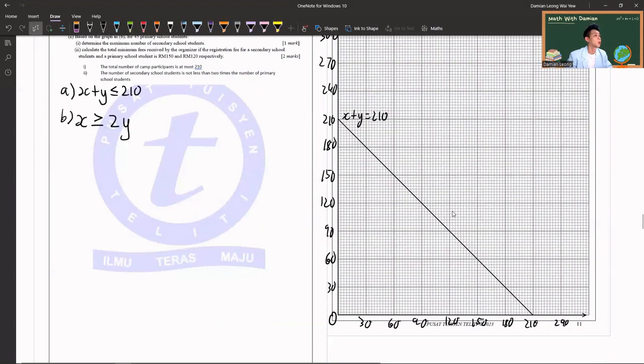The other one, x more or equals to 2y. When x is 0, y is 0. So I need another value. It's better to put a value for y since there's an unknown there. So I can put y equals, say, 90. So x will be 2 times 90, 180.